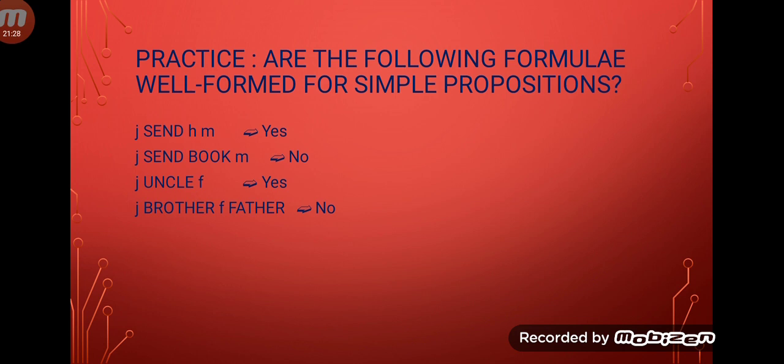J send book M, no, because it has two predicators. And then how about J uncle F? Yes, because only one predicator. And then J brother F father, no, because there are two predicators that are written in capital letters.